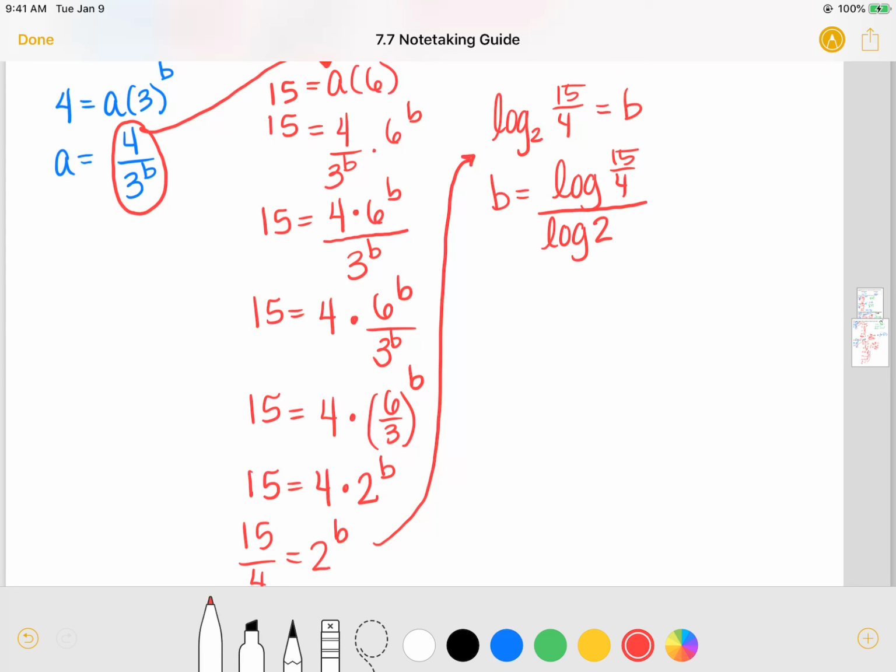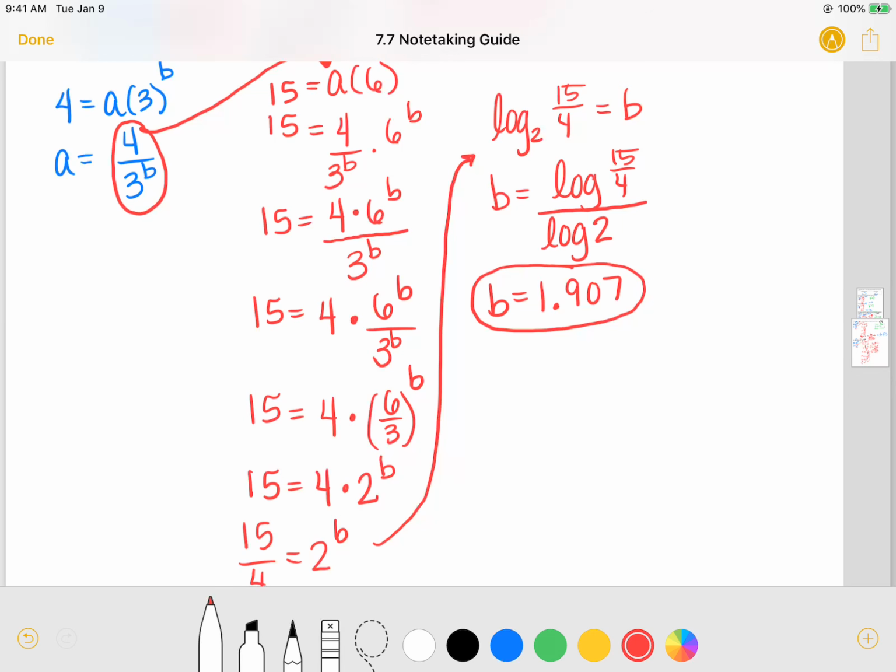And I want you to grab your calculator and carefully plug that in, log of 15 fourths divided by the log of 2. And what you should get here is approximately 1.907. So that is the value of b there, okay? And so we're going to grab that and plug that in to a.